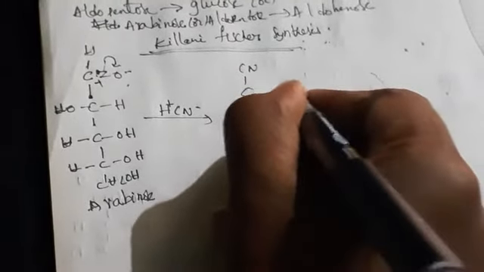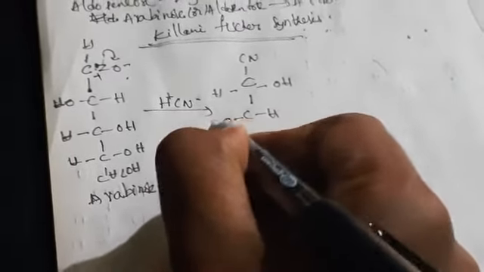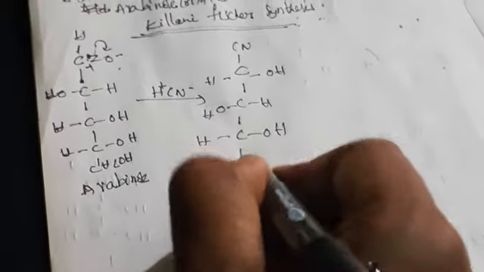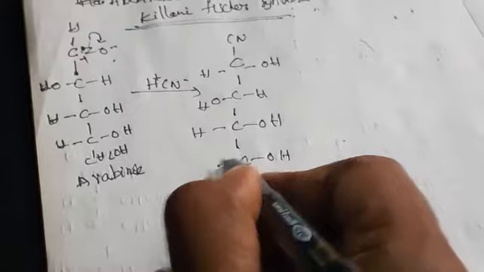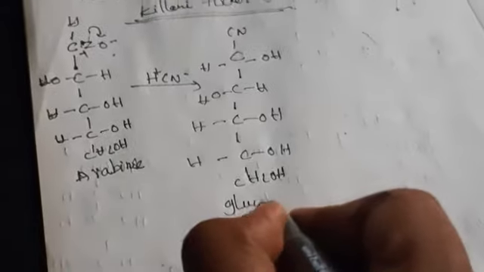To the minus charge we get OH, and here H, and CN, and the rest of the chain, H, OH, H, OH, CH2OH. It means a nitrile, a cyanohydrin, is forming.